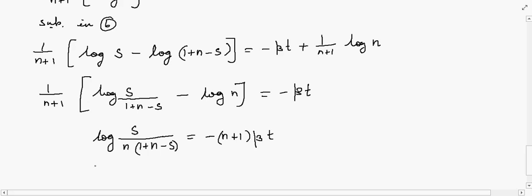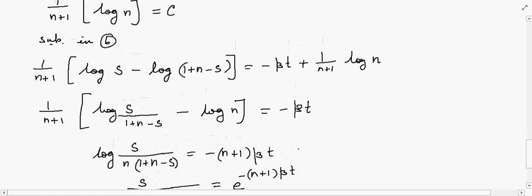Okay, taking exponential function on both sides, left hand side s divided by n into 1 plus n minus s equal to e power minus n plus 1 beta t.